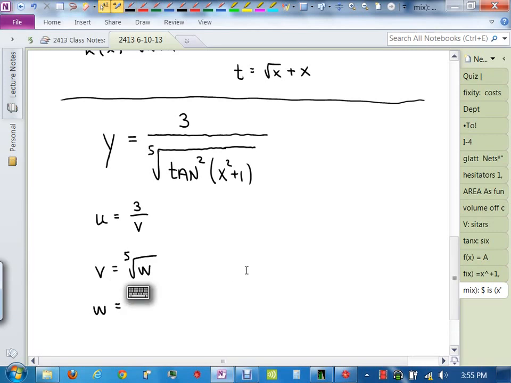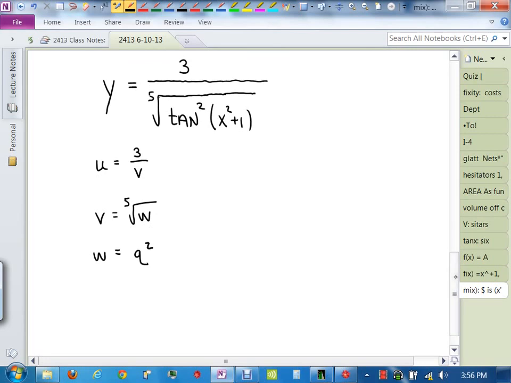It's something squared, right? T, whatever you want. I'm going to use q just to show you. You can use whatever letters you want. Q squared. What's q? Tangent of z. What's z? X squared plus 1.